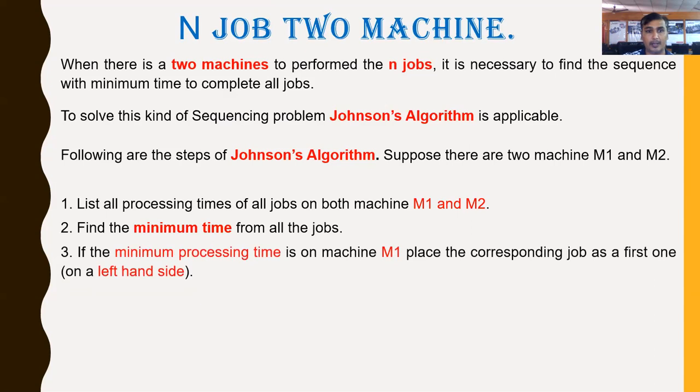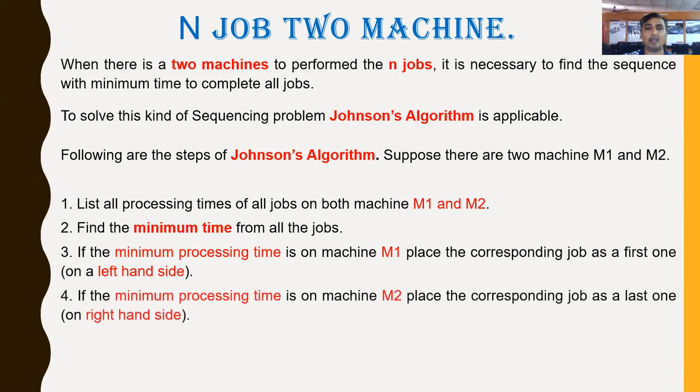Third point, if the minimum processing time is on machine M1, then place the corresponding job first, on the left hand side. Next point, if the minimum processing time is on machine M2, then we have to write it down on the right hand side.